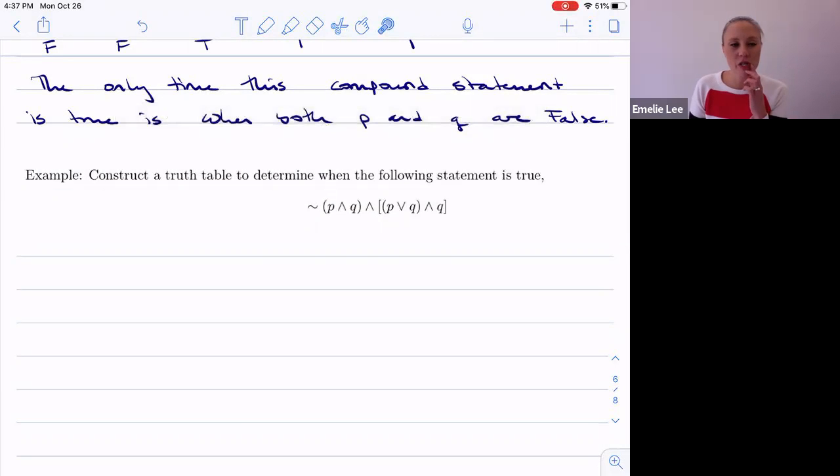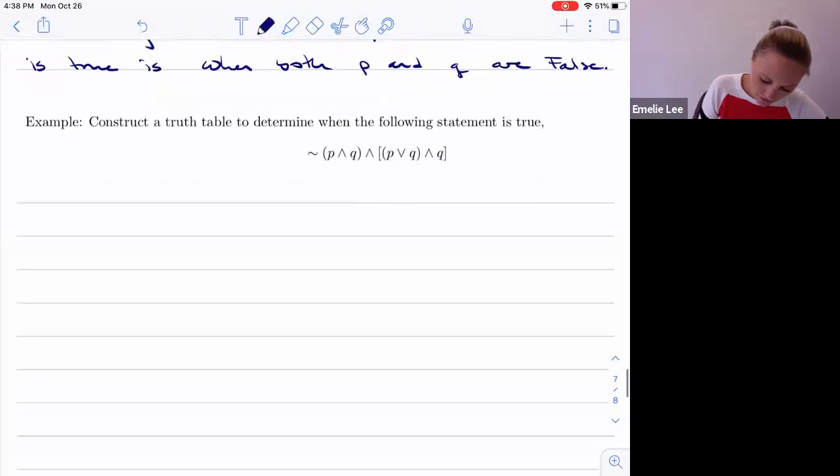So if we have to construct a truth table to determine when this whole thing is true, we want to build it out little by little. So starting with the innermost brackets and working our way out, that's how we have to apply these truth values.